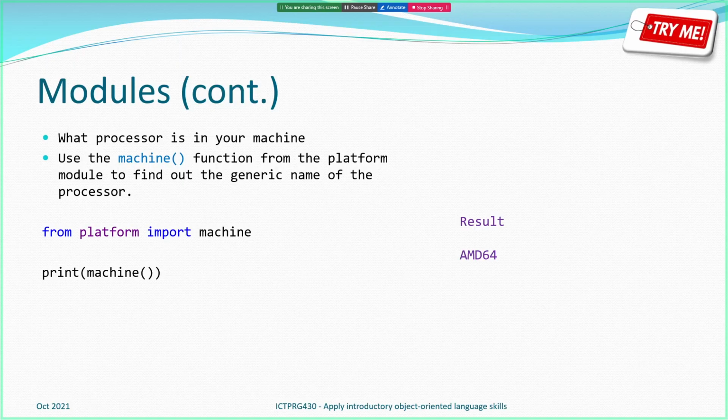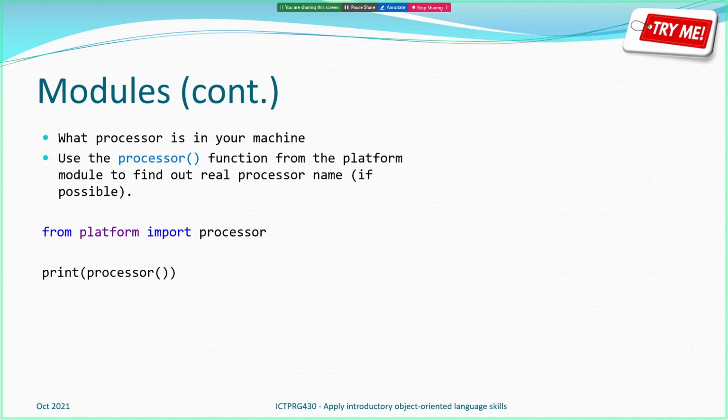So the machine function is polling your operating system. So your system information of the operating system. Whereas the processor is actually getting the true information. It's just a little quirk.